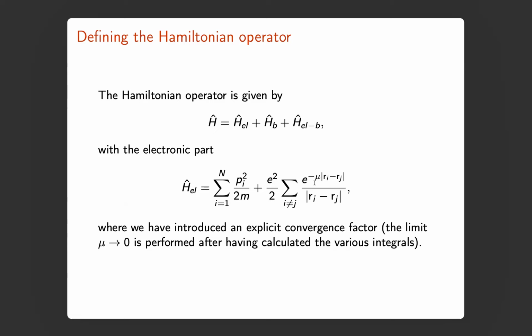This is a calculational trick, because unless we screen it, we will have some divergences in the calculations. But we use this as a technical aspect, and then we take the limit where mu goes to 0 and calculate the final Hartree-Fock energies.